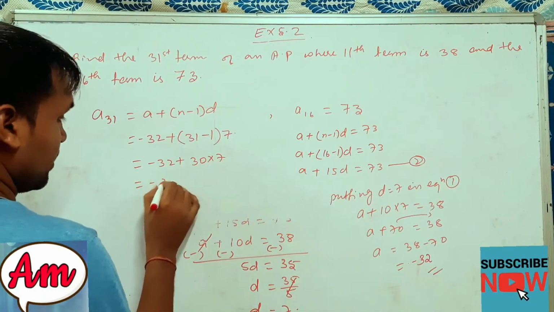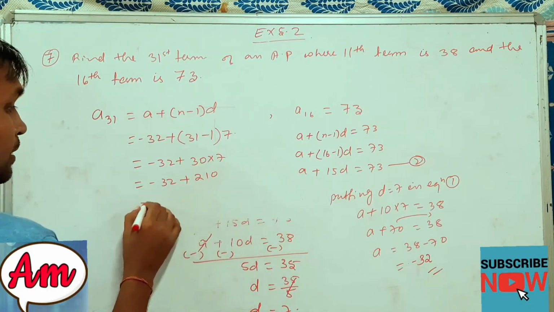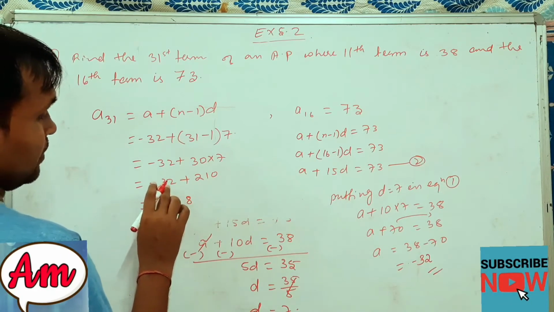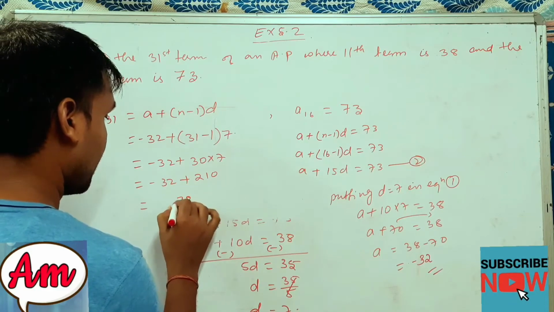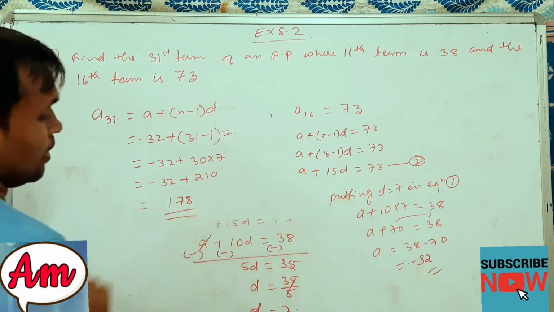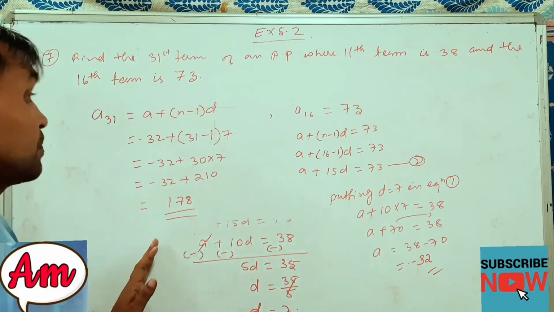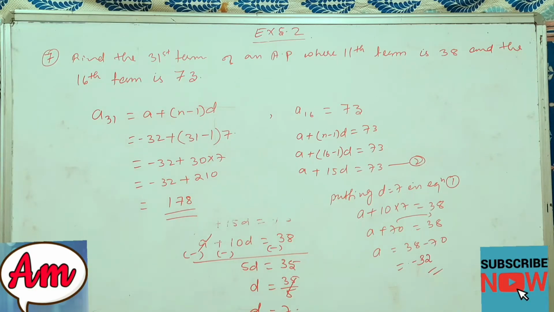So it will be minus 32 plus 30 into 7, which is minus 32 plus 210. So you are getting 178. The 31st term is 178. Okay, students, so you can take it down quickly. Pause the video and take it down.